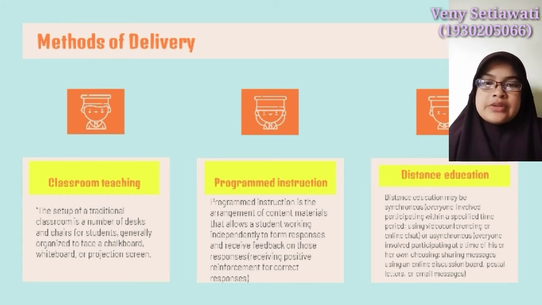Second, programmed instruction. Programmed instruction is the arrangement of content material that allows a student working independently to form responses and receive feedback on those responses, receiving positive reinforcement for correct responses. The feedback and reinforcement come from the instructional media, not from a live instructor or facilitator.